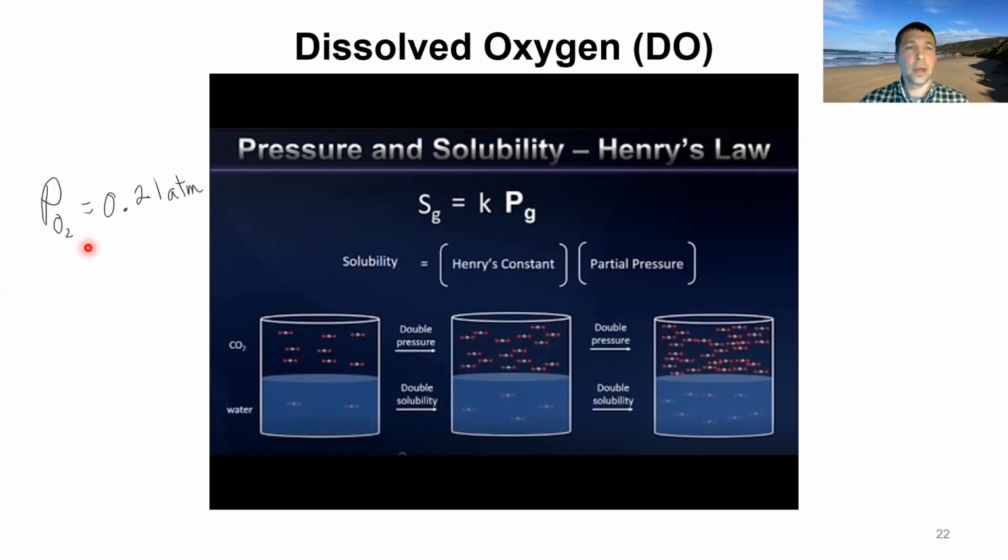The sum of all these partial pressures will add up to 1, right? And because the air is 21% oxygen, its partial pressure is just that fraction, or 0.21.